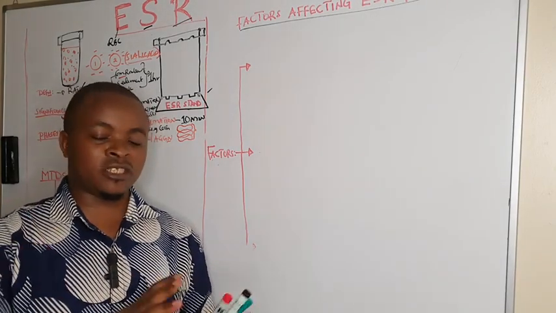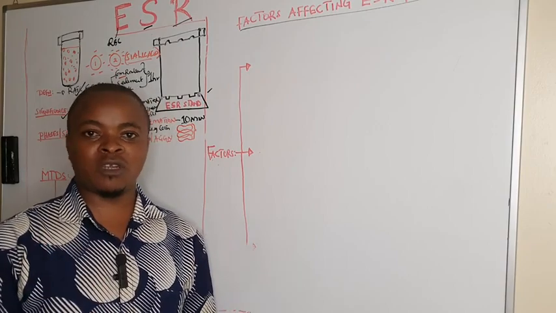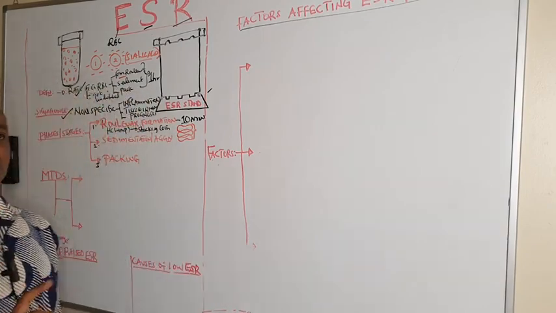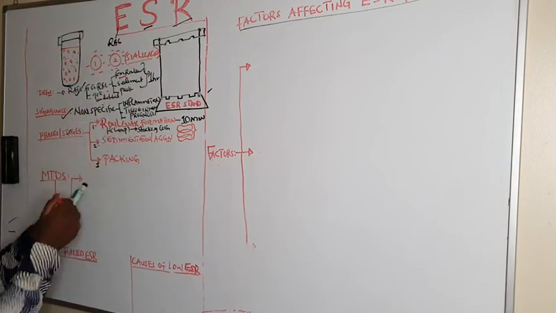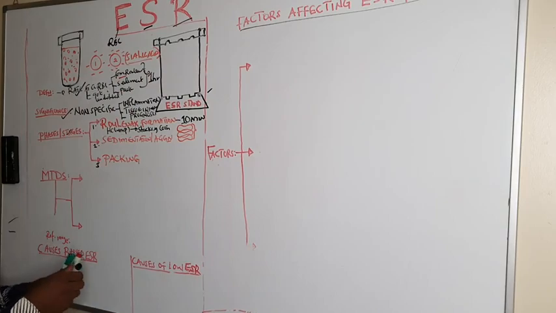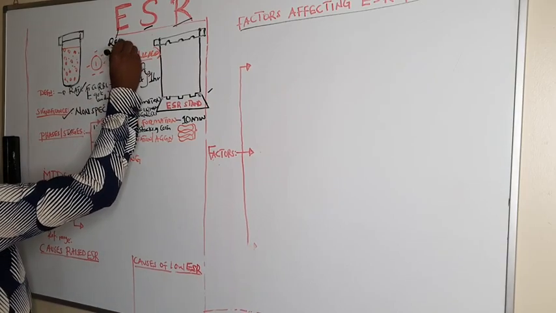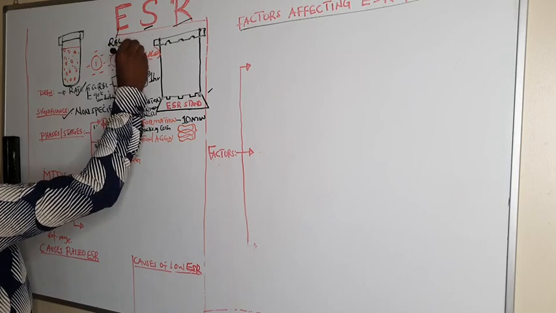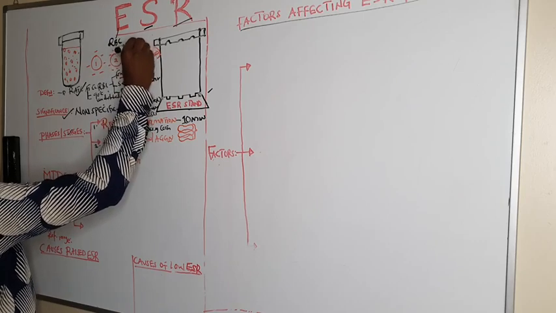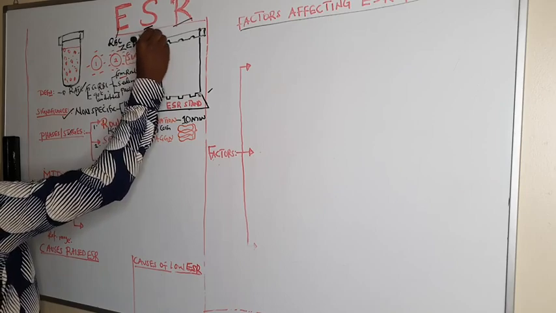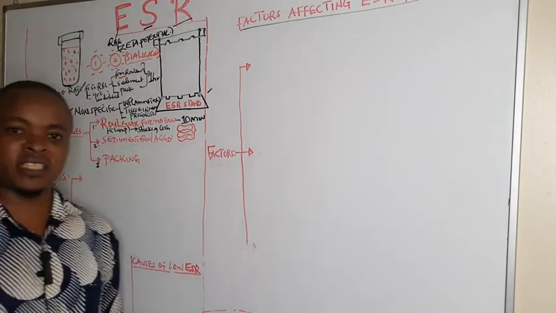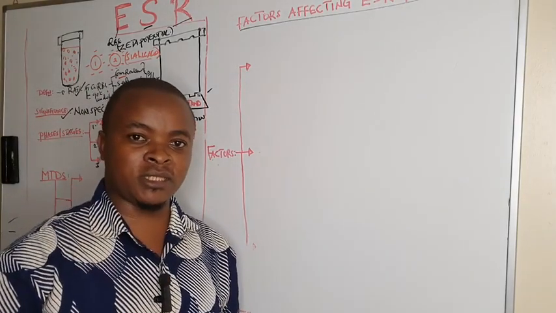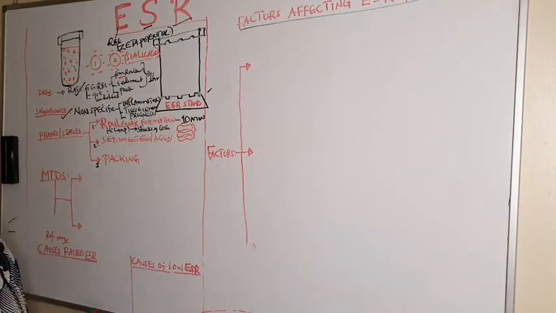Now, this is the force that does not allow the red cells to come together, because we know like poles repel. So there is a repulsion force, and this force is known as zeta potential, the electrostatic zeta potential. This zeta potential is created by the negative charge outside the RBCs created by the sialic acid.